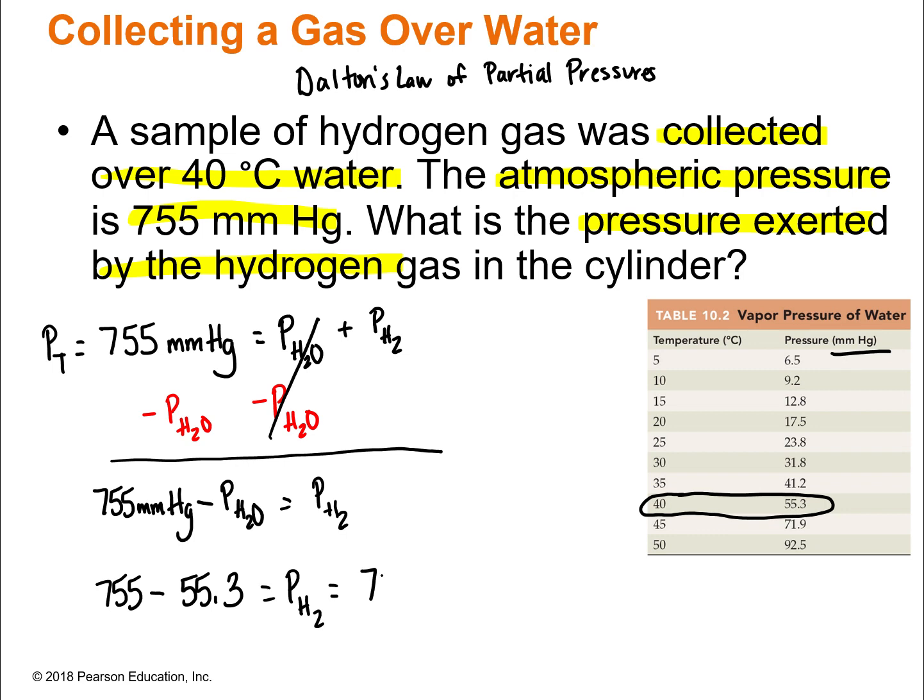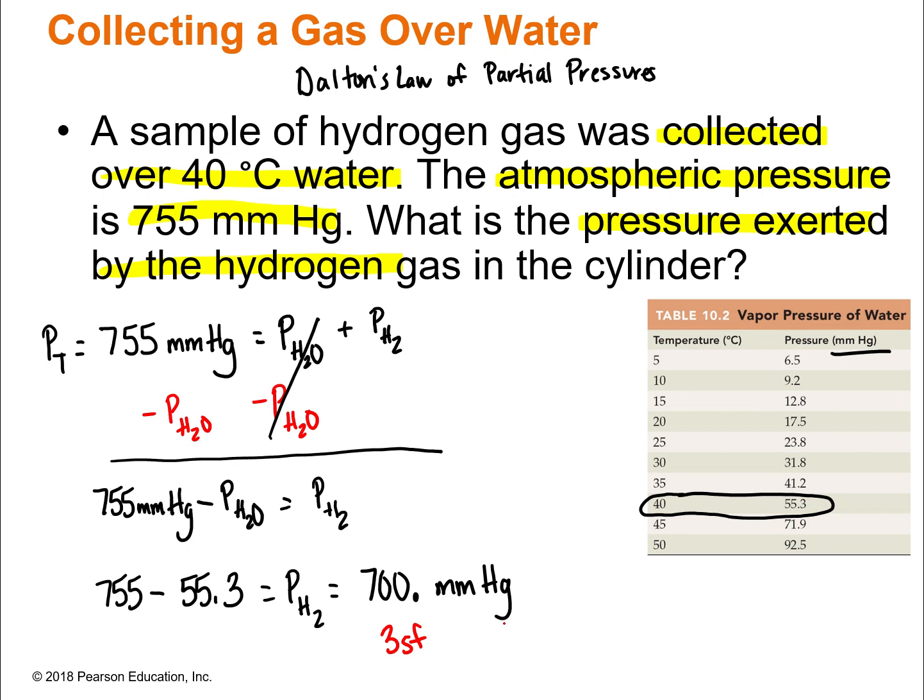So with sig figs, you get 700 millimeters of mercury. Notice how I put a decimal point there? That's because we need 3 sig figs. So that decimal point shows that all three of those digits are significant.